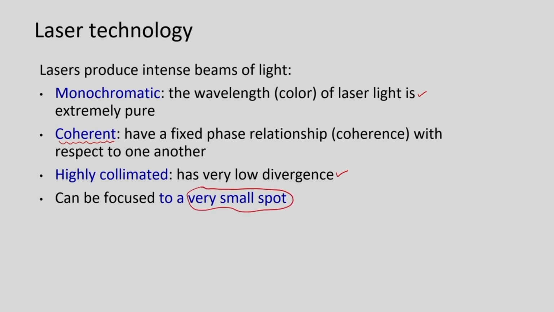As we can concentrate the laser beam on a very small spot, we can generate high laser power density, and that high laser power density will help us to manufacture the various components, maybe by using machining operation, by using welding operation, or by using forming or additive manufacturing operation.